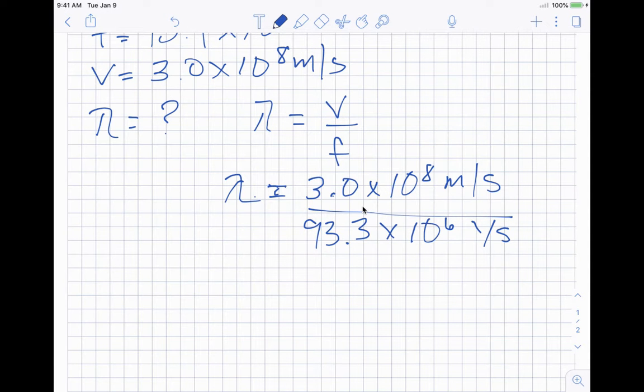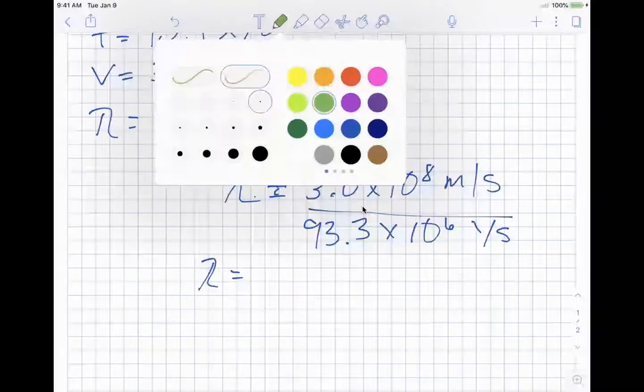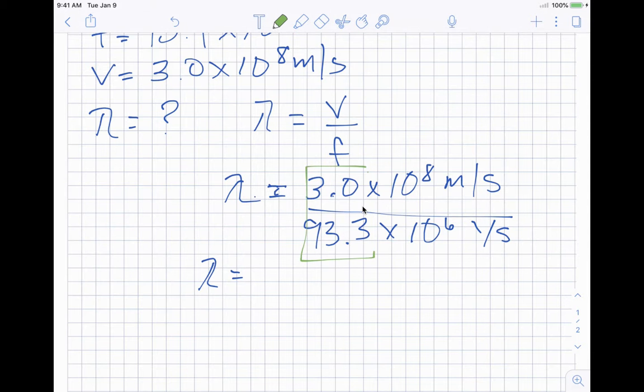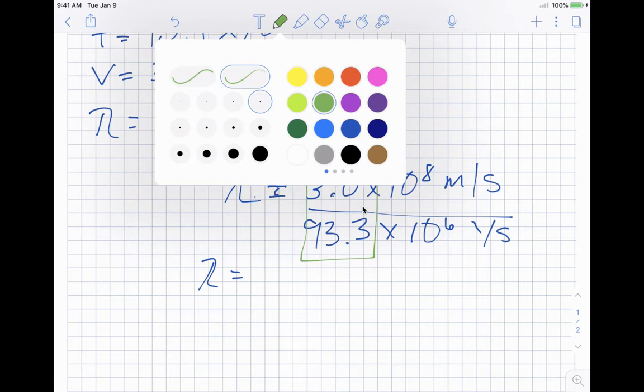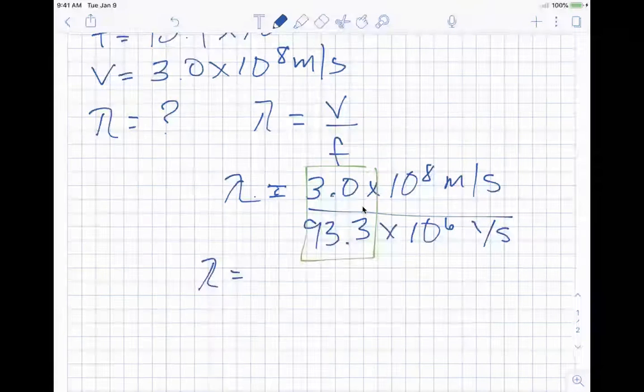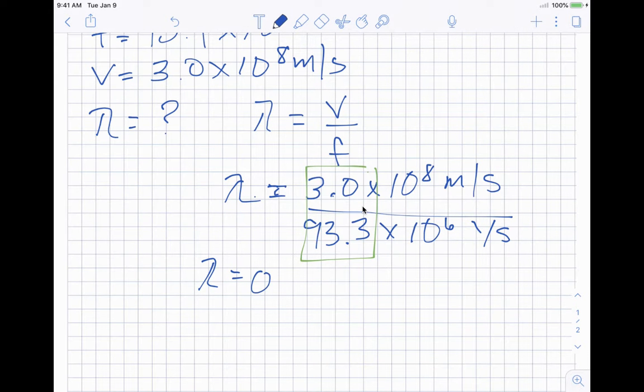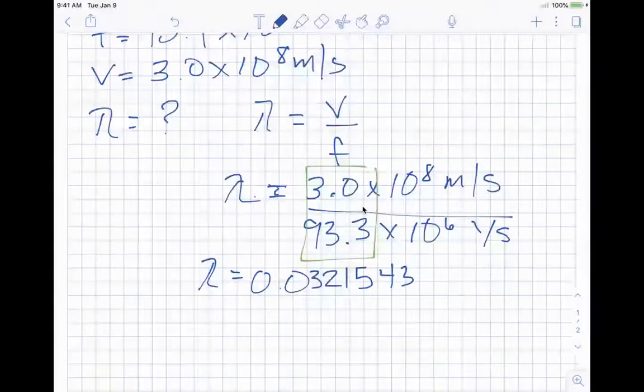All right, so it's my wavelength. First thing I'm going to do is do the division on my numbers, right? So if I do the math, I should come up with an answer that is 0.0321543.